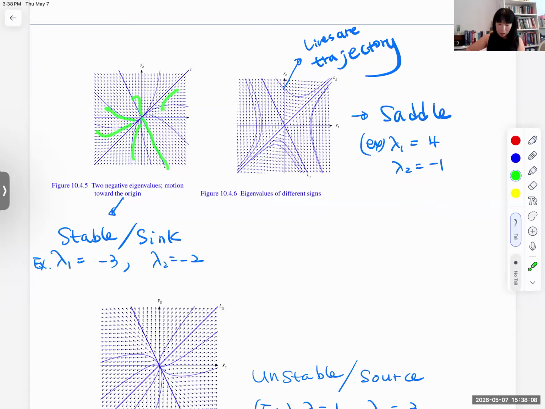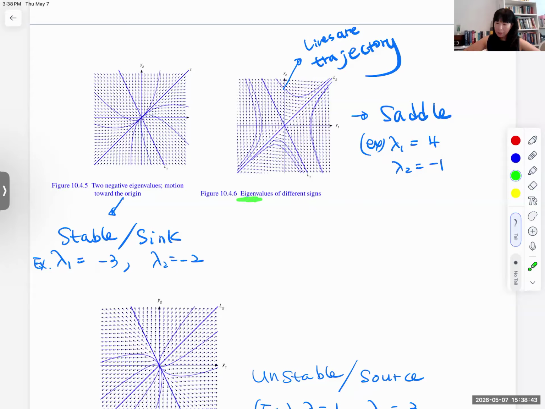For example, lambda 1 equal to -3, which is negative, lambda 2 is also -2, right? In other words, the terminology is stable or sink. The shape: the motion is toward the origin.